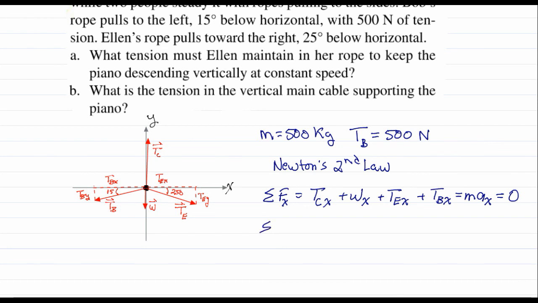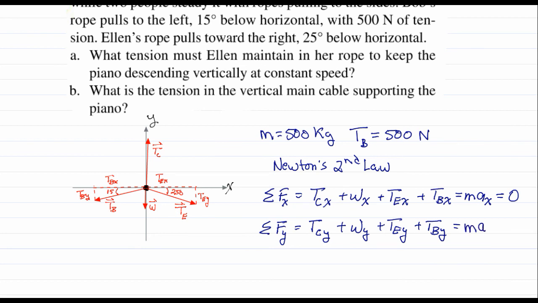We have a similar equation for the y components. The sum of all our y components looks like the following. The y component of the crane's tension plus the y component of the weight plus the y component of Ellen's force plus the y component of Bob's force. This equals mass times acceleration in the y direction, which is 0.